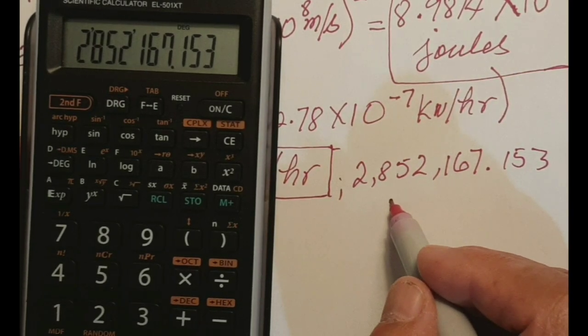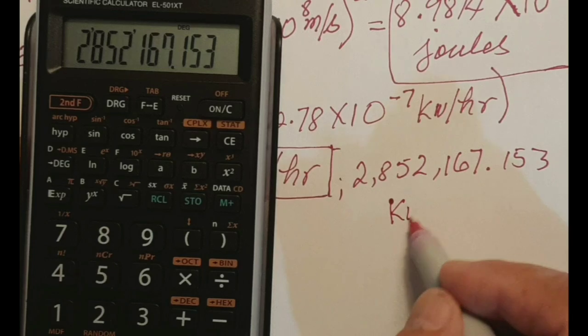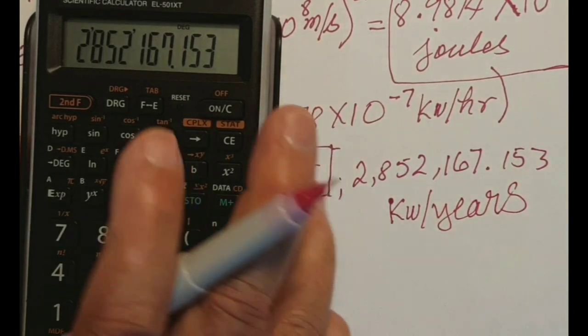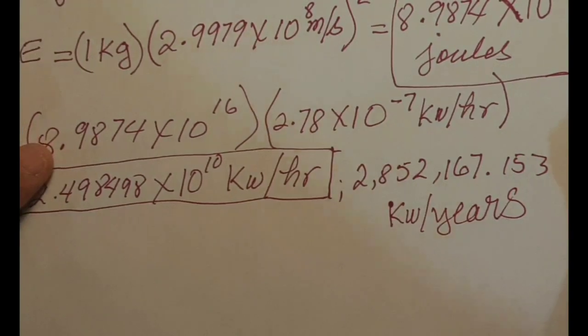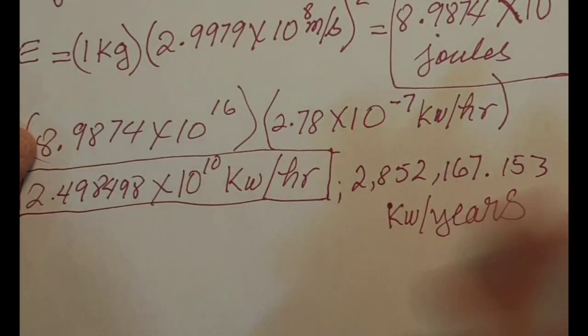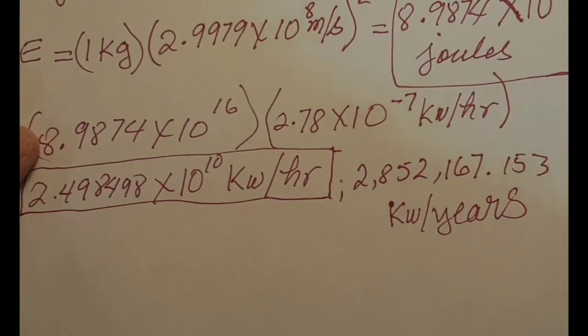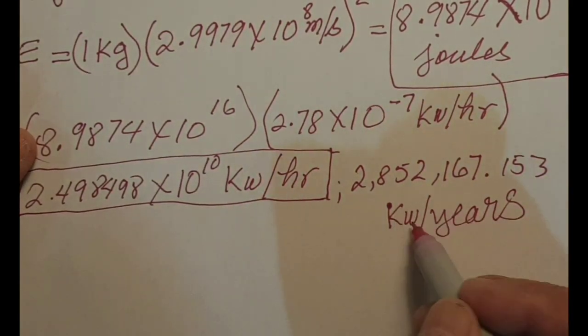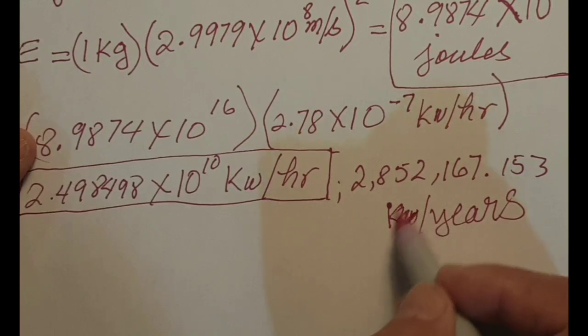This is the amount of energy in years. We are finding how long those 10 bulbs of 100 watts will burn. This is years, the amount of time.